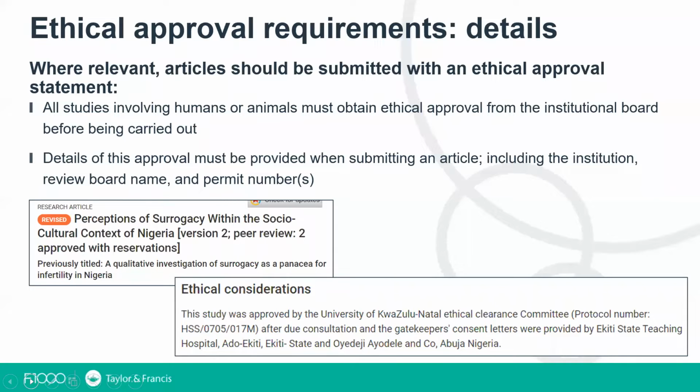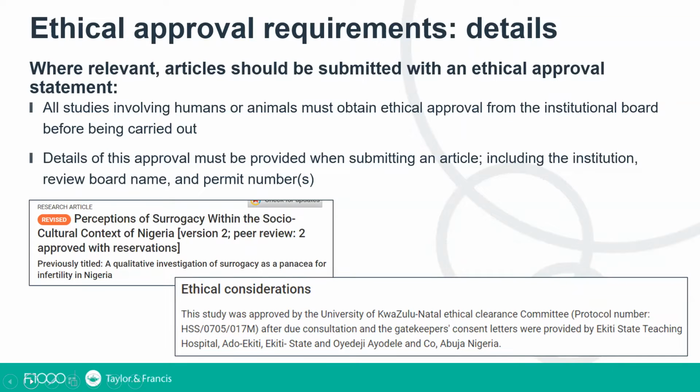You may also need to apply for ethical approval for certain animal studies. And if you did not need ethical approval for your study, you will need a clear statement in the article that explains why your study did not require it.